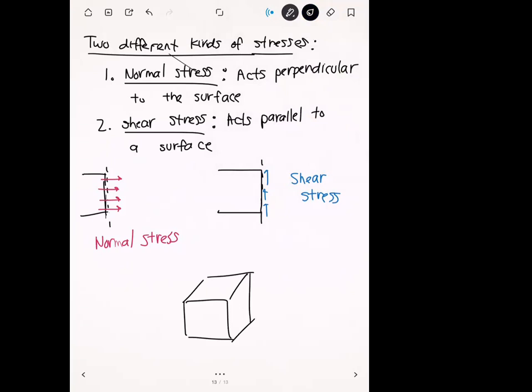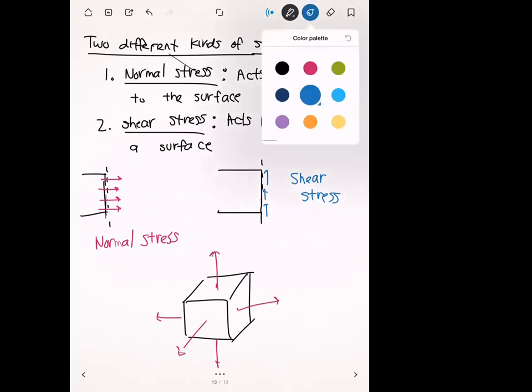This cube is going to be subjected to normal stresses and shear stresses. Let's draw all the normal stresses first, and I'm going to use the same color scheme that I did before. And imagine that there's another normal stress going out the back.